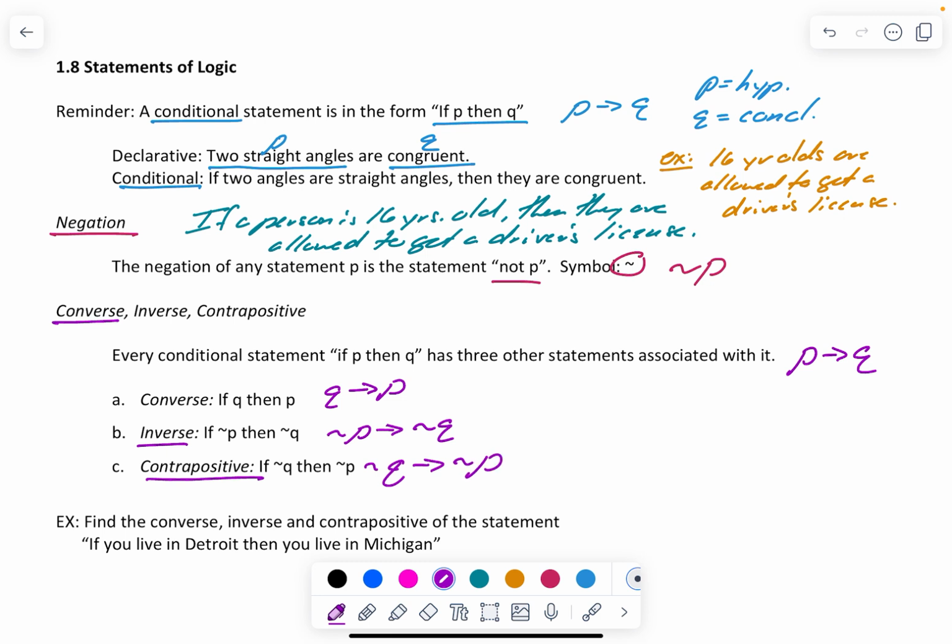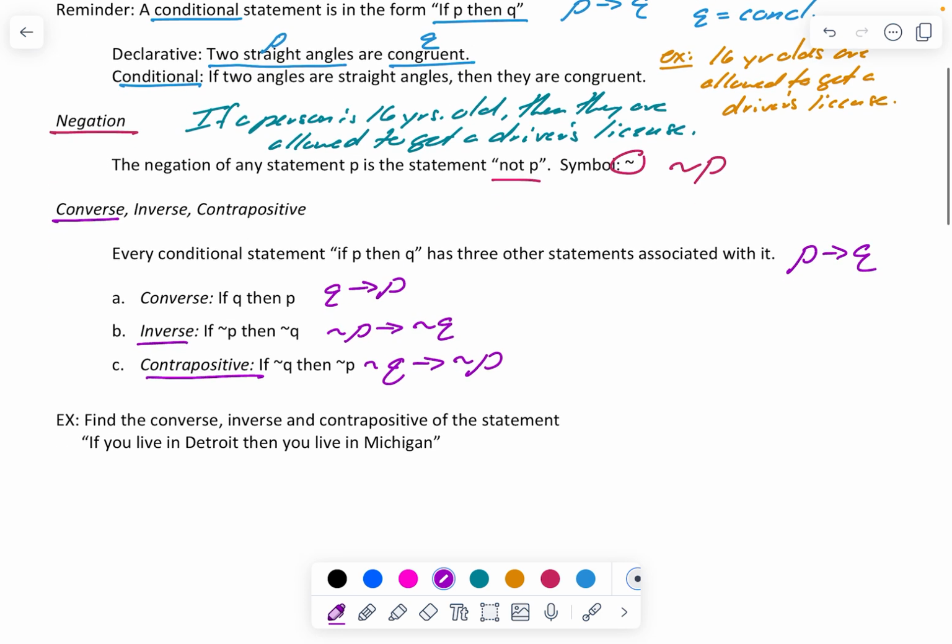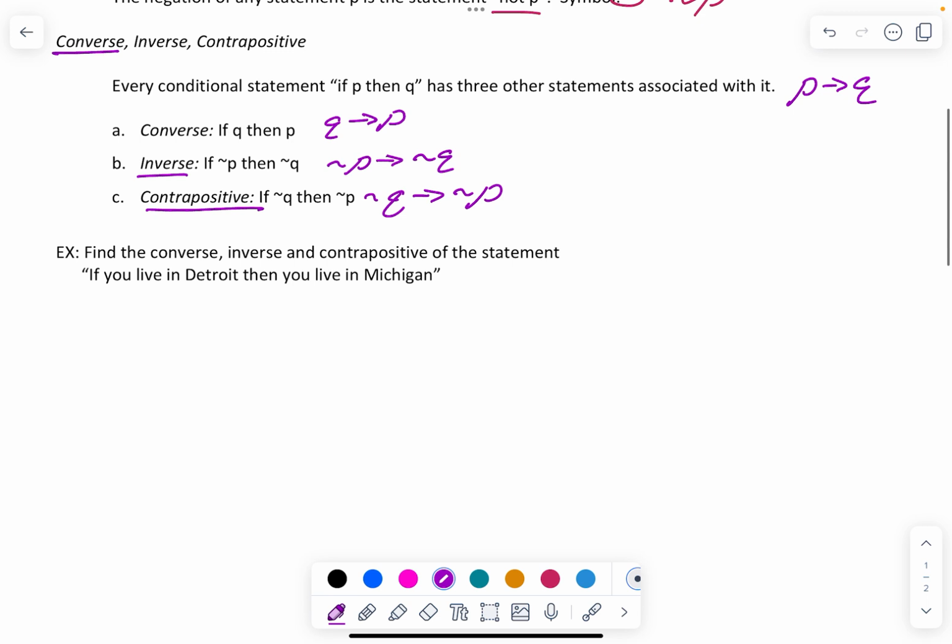So notice that the conditional and then the inverse is just negating the conditional. And then we have the converse, which is the flip-flop. And then the contrapositive is negating the converse or negating the flip-flop. So let's practice writing these. We need to know this.